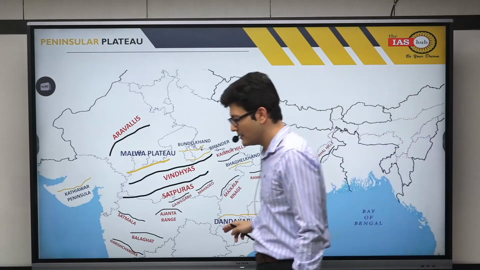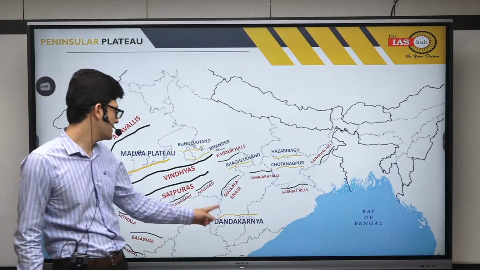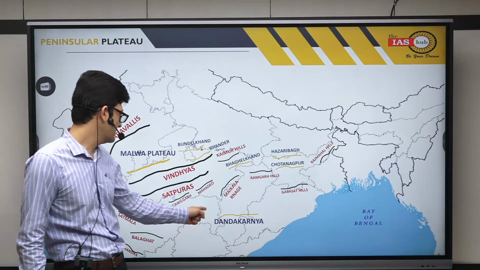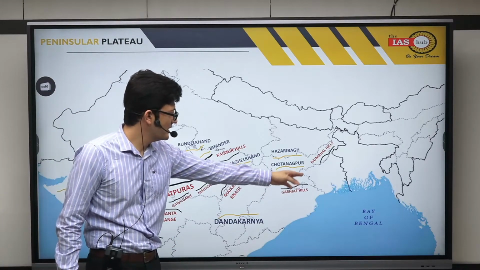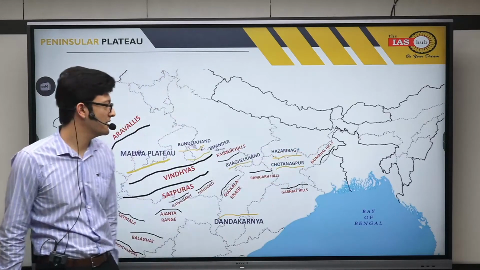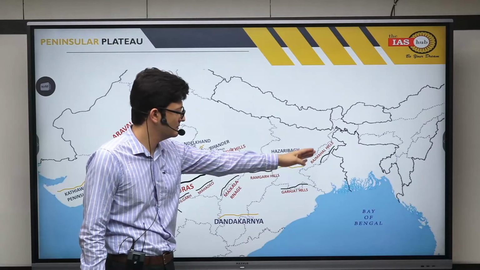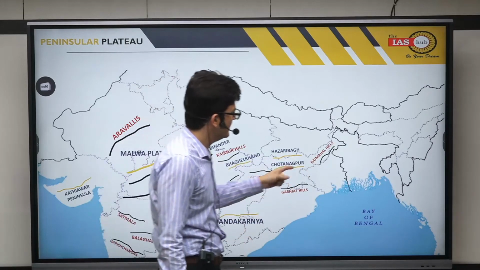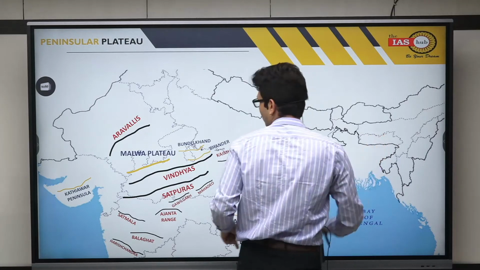We have the Dandakaranya Plateau, which is on the southern side of Chhattisgarh, covering the area of Odisha, Chhattisgarh and somewhat a part of Maharashtra also. And then we have Garjat Hills over here, Rajmahal Hills in the northern part of Jharkhand and West Bengal. And connecting these hills we have the Shillong Plateau or Meghalaya Plateau over here also.